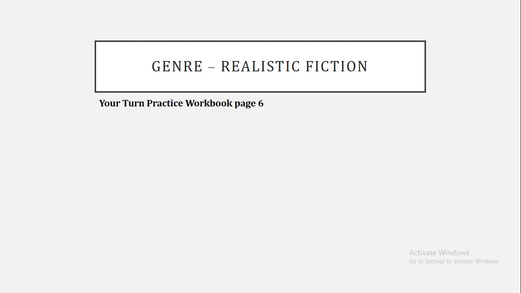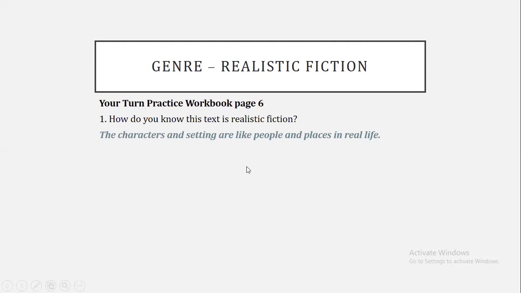All right, so it didn't happen in real life, but this is something that could happen, right? So the characters and settings are like people and places in real life, okay? This conversation could easily take place in real life, okay?